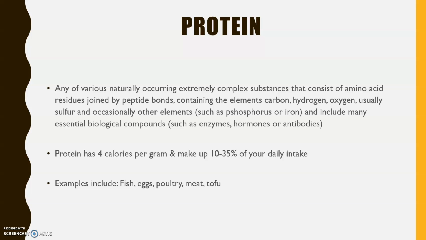The definition shown here is any of various naturally occurring extremely complex substances that consist of amino acid residues joined by peptide bonds containing these elements. It's a long definition, but for the purpose of this, just keep in mind what might constitute a protein. So again, fish, eggs, poultry, meat, tofu, etc. And protein also has 4 calories per gram, but it makes up 10 to 35% of your daily intake.